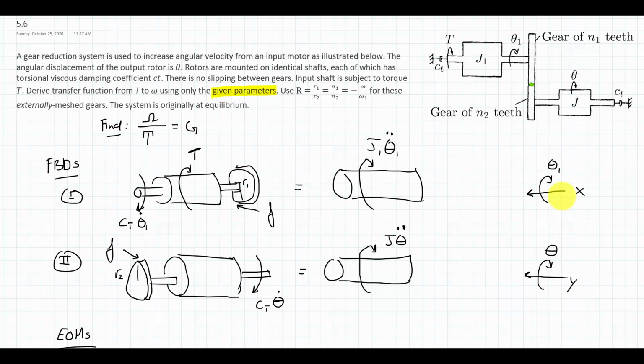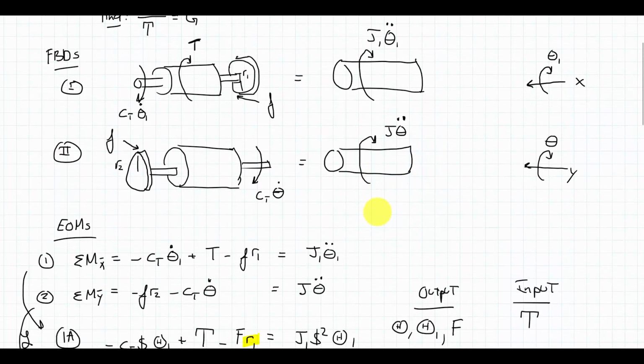So I arbitrarily called it x so that I could sum moments around an axis in the equation of motion step that was next. Then the second free body diagram was the bottom rotor, and I have the force and moment that act on it, and then its inertia. So its mass moment of inertia times its angular acceleration. From free body diagrams 1 and 2, I got equation of motion 1 and 2 by summing the moments around the x and the y axes respectively for each of my free body diagrams.